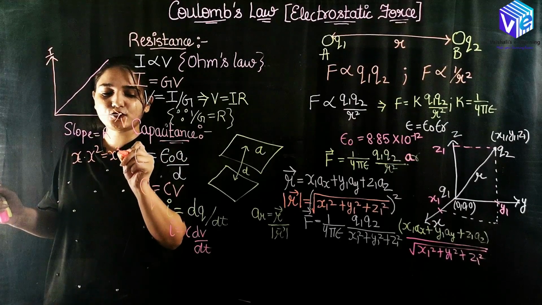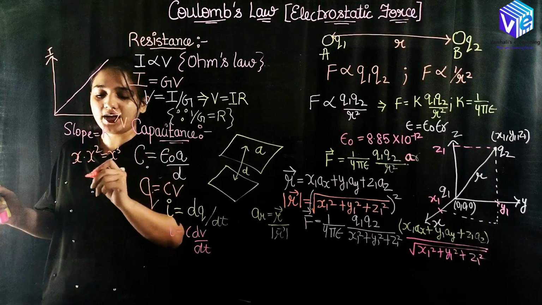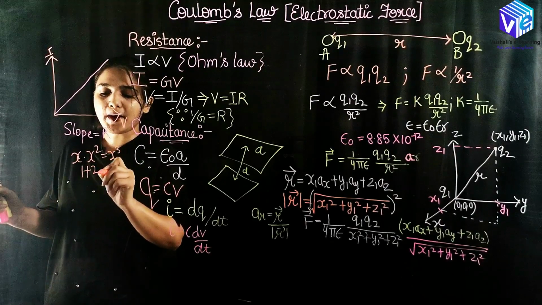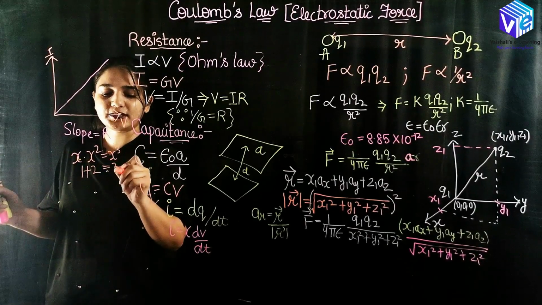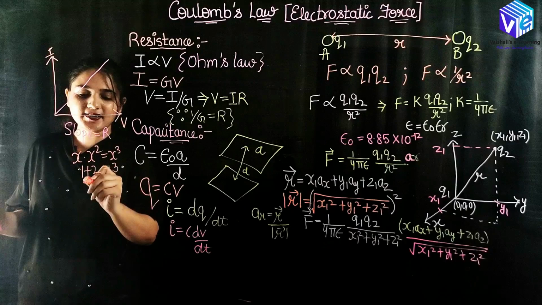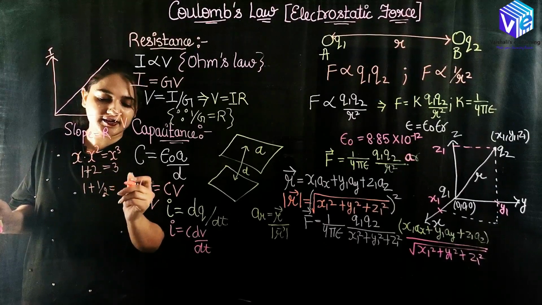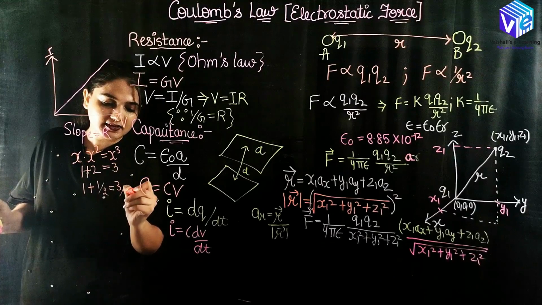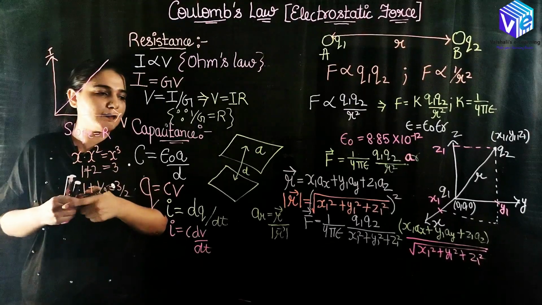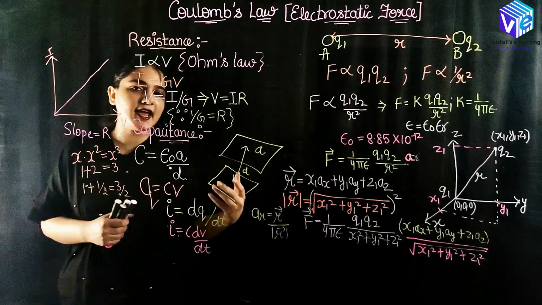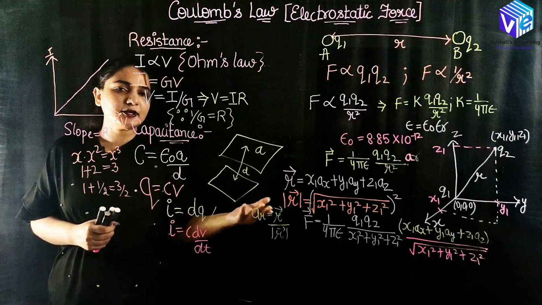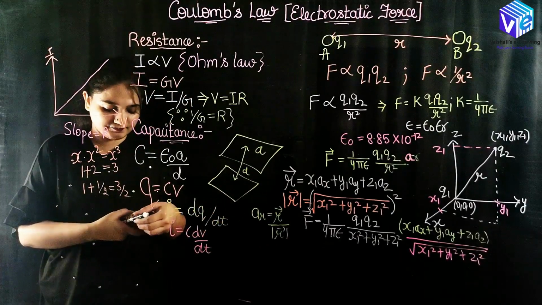The answer will be x cube. So what I am doing is adding the powers, so the power will be 3. Here the power is 1 plus 1 by 2, so the resultant power will be 3 by 2. Now I'll be putting the resultant power and I'll be getting the final equation of the force.